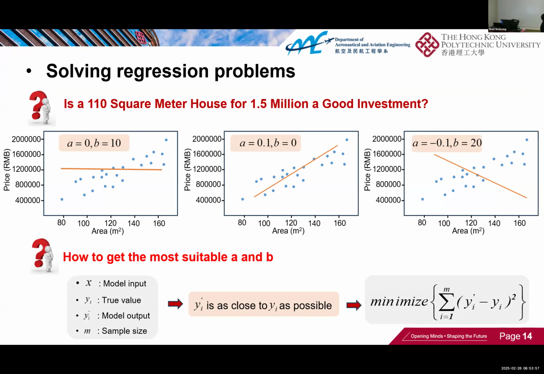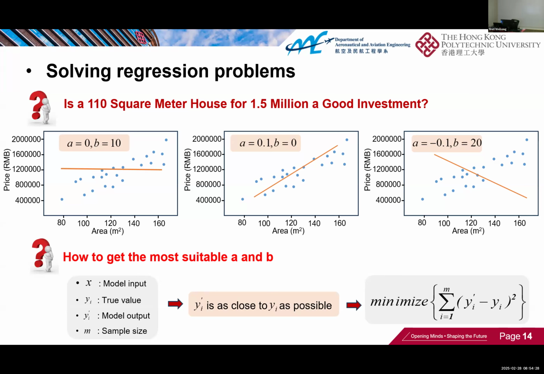For example, this is area, the same problem as the previous page, and this is the cost or the prices of the house. If A is 0 and B is 10, it means y equals 10, so this is a straight line. For the first one, the fitting is not good because the distance from the points to the line is large.